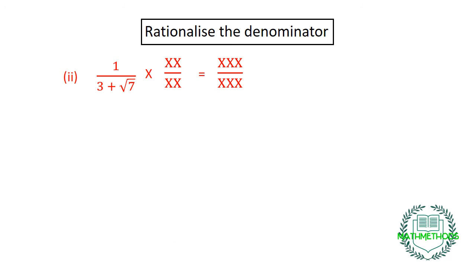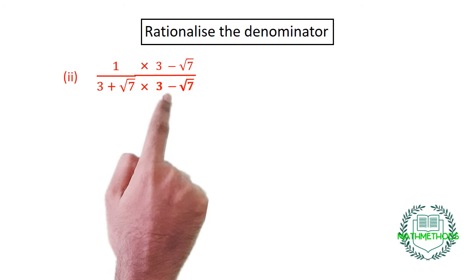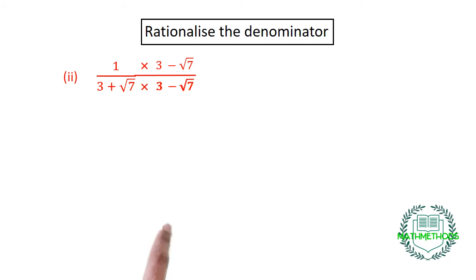Since the denominator has two terms with the plus sign in between, use the same two terms but with the minus sign in between to multiply the numerator and the denominator.